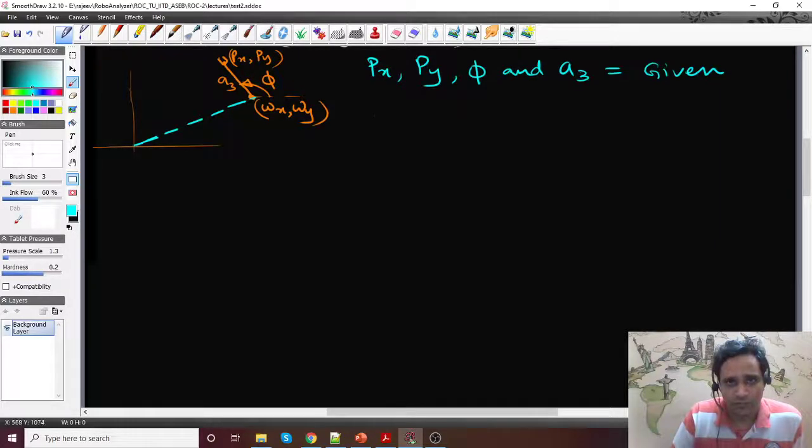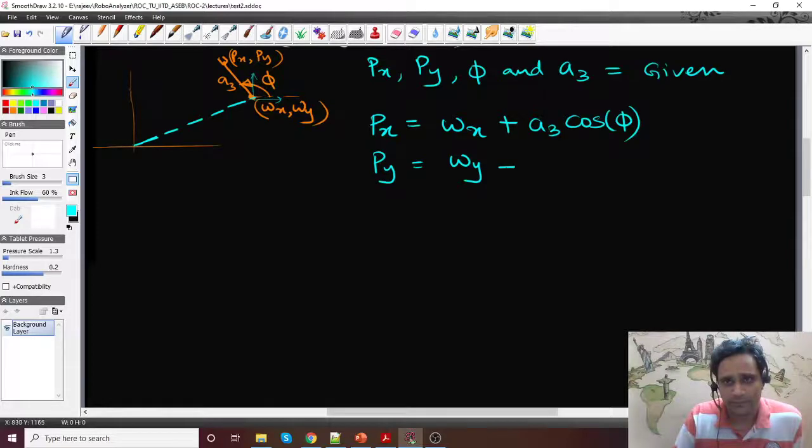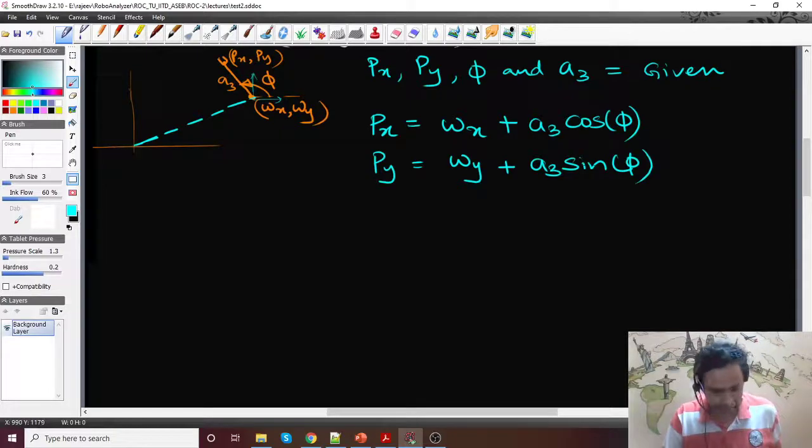So I can write px is equal to wx plus a3 into cos of phi. Imagine there is a vector here which has a component wx and a3 into cos phi. It is kind of a vector. I have a local frame here, and if I want to get these coordinates, a3 into cos phi, that is what we do. Similarly, I can write py is equal to wy plus a3 into sine of phi.